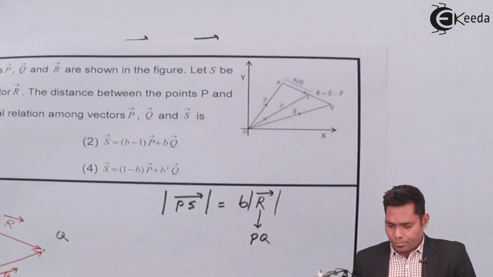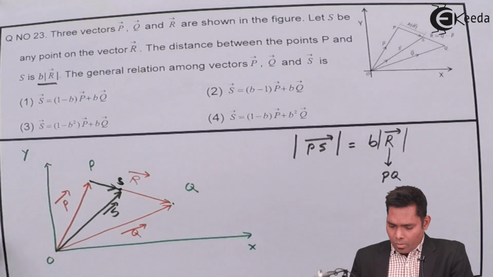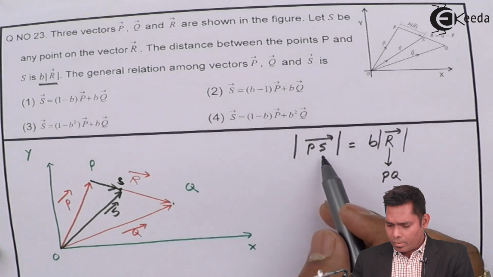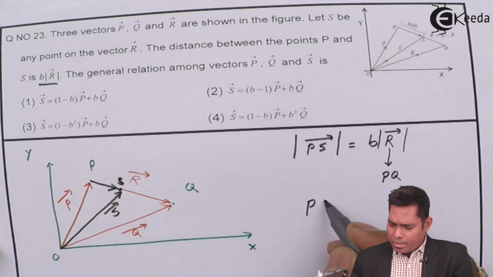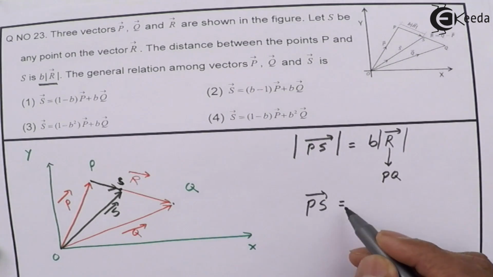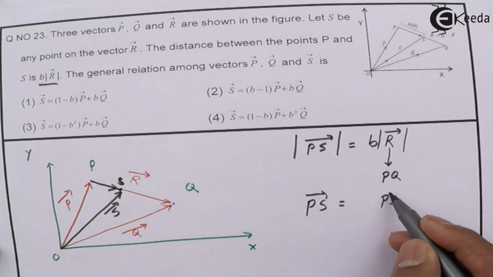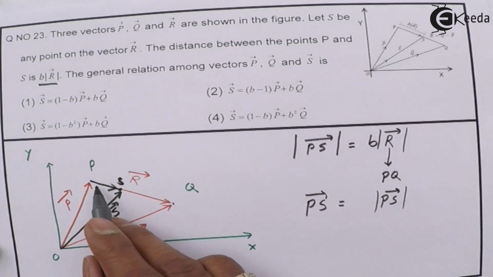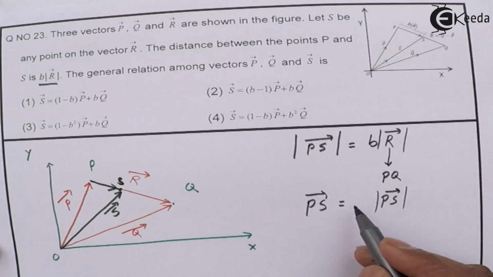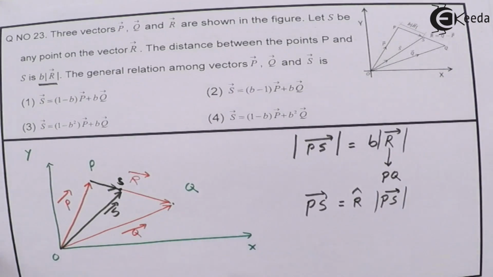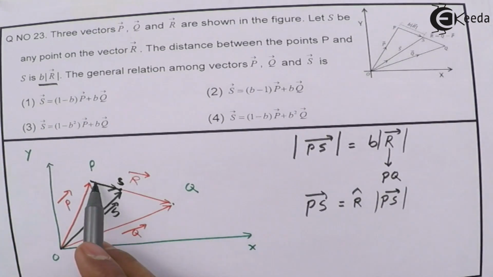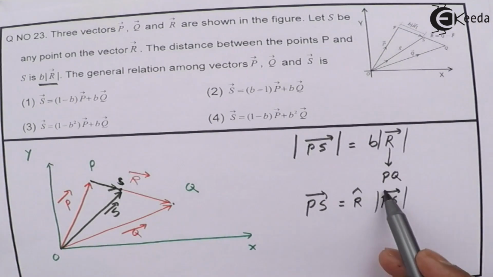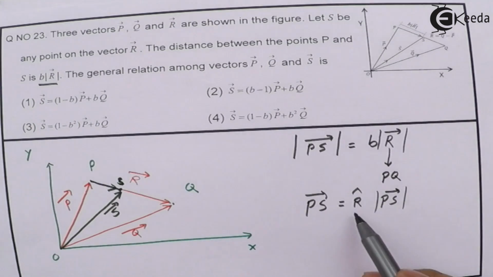Now, what is the PS vector? The PS magnitude is given. Then can I write the PS vector as the magnitude of this vector times a unit vector in the direction of the R vector? So I'll write R cap. So the PS vector is the length of this vector, that is PS mod, times R cap.